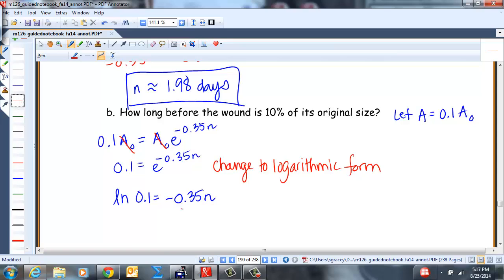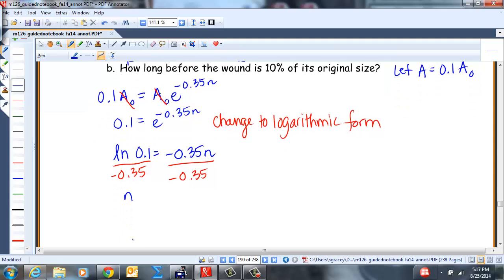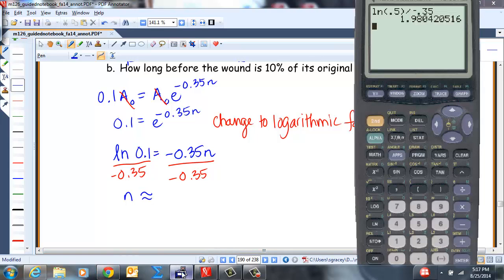Then dividing both sides by negative 0.35, we will get n is approximately, let me clear this. Let me see if I can do second enter. So this will be 0.1 instead of 0.5. And we get approximately 6.58 days.